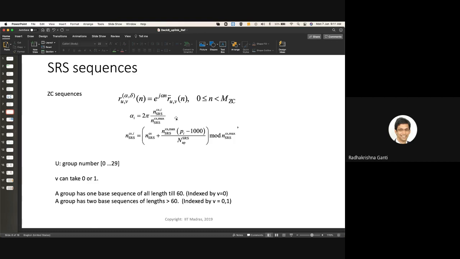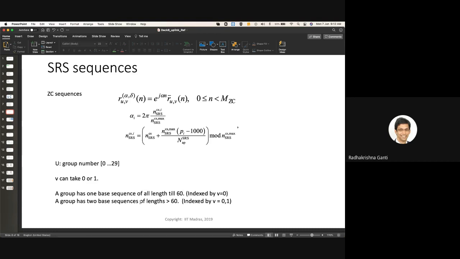There are 30 groups of SRS sequences. What does each group have? Each group contains multiple base sequences. A group has one base sequence for all lengths up to 60.